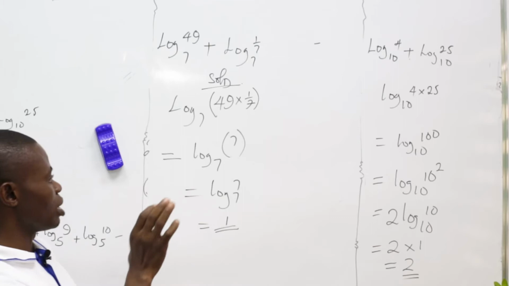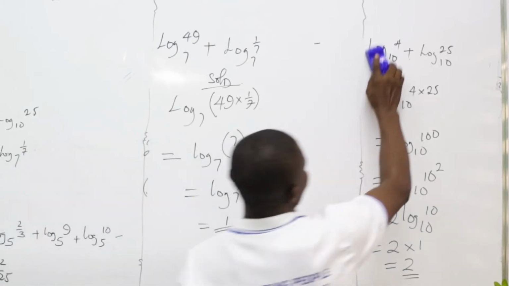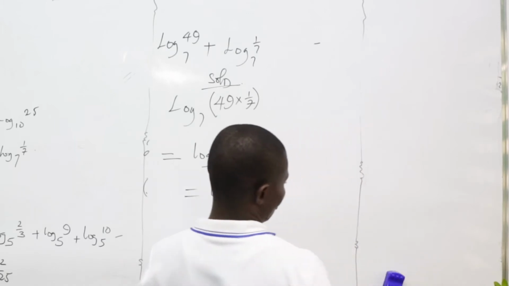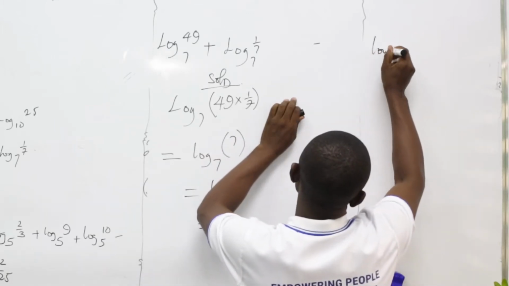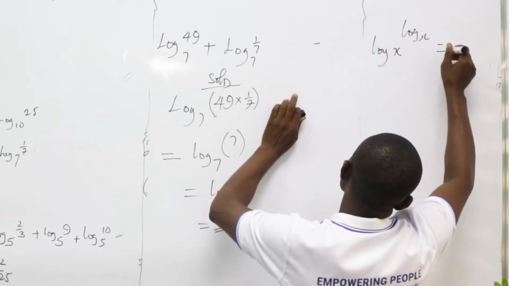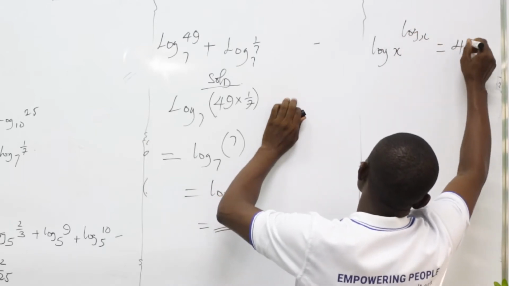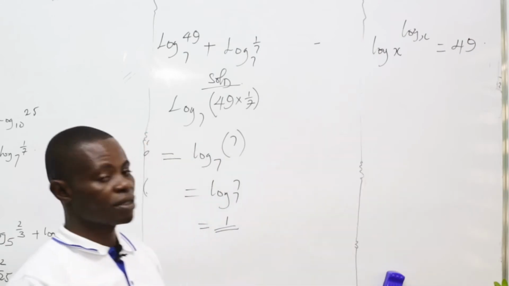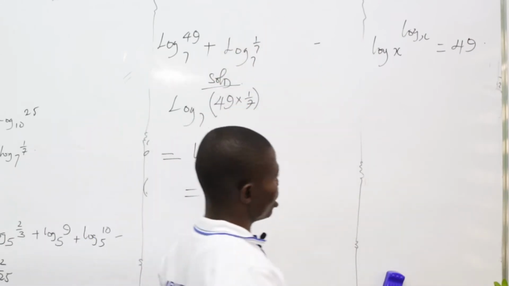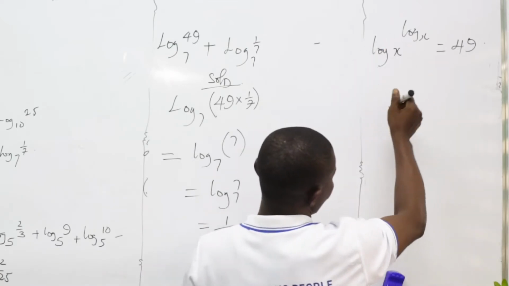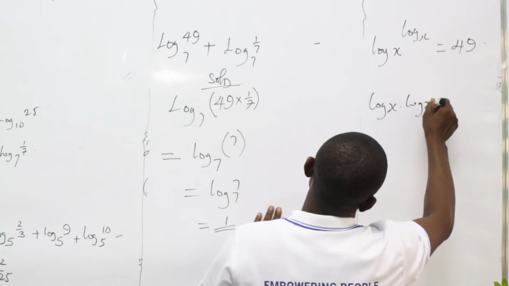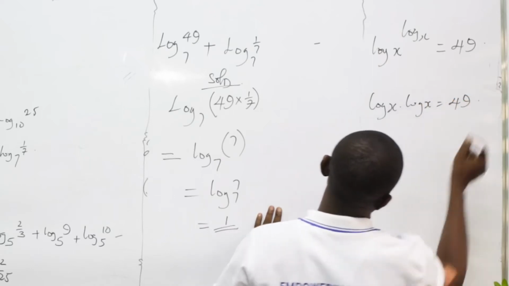Now look at this funny one. That's number 3 of this. What if you are given this: log x log x equals 49? Find the value of x. You can see log raised to itself, meaning according to power law, this is log x times log x equals who? 49.